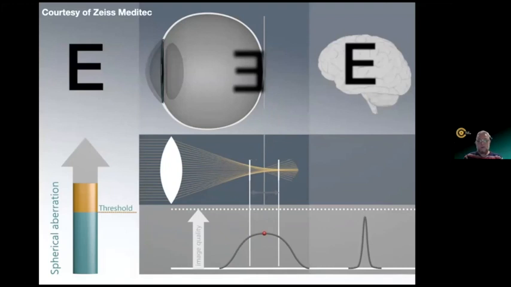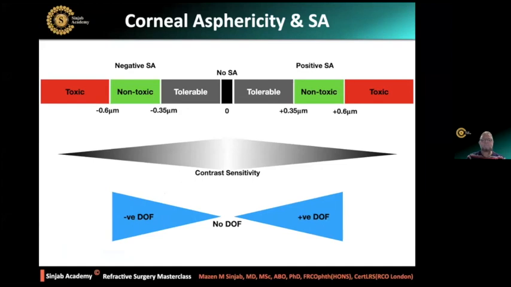So, let's look at this slide. If the spherical aberration is within 0.35 plus minus, we call this normal or usual, which everybody can tolerate.